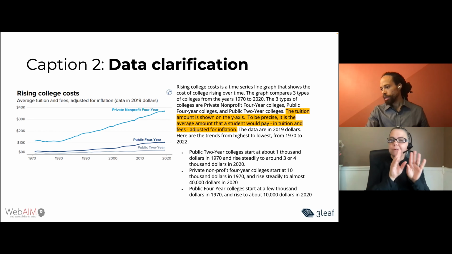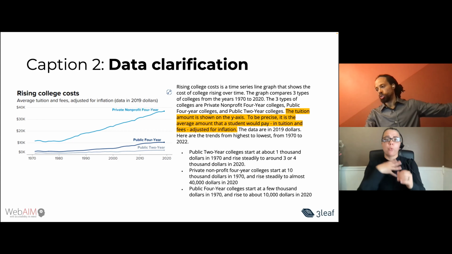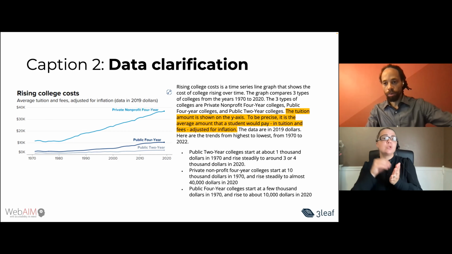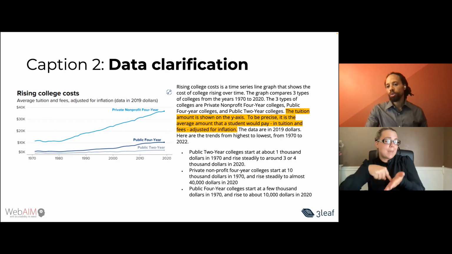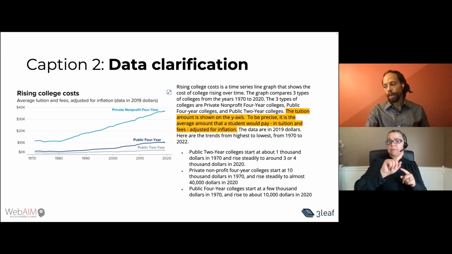So here we say the tuition amount is shown on the y-axis. To be precise, it is the average amount that a student would pay in tuition and fees, adjusted for inflation. Now, notice we didn't start with this at the top. We started with just high-level orienting information.